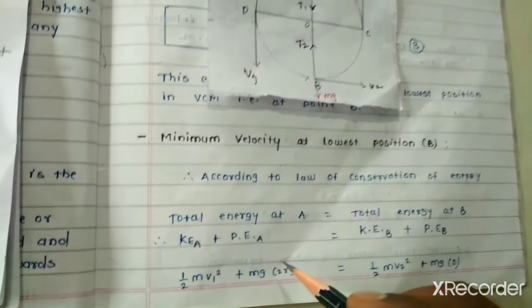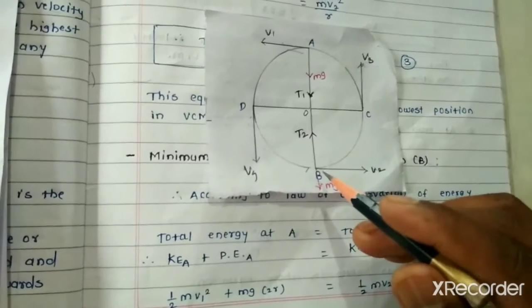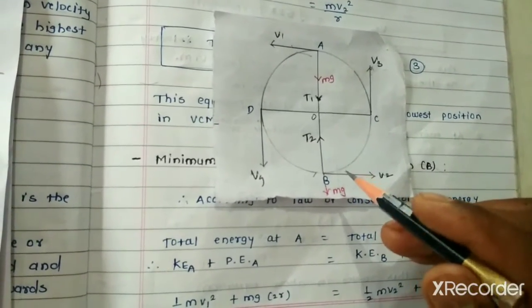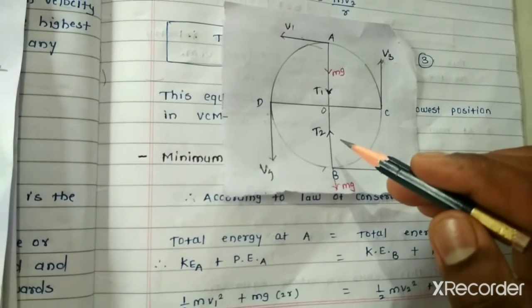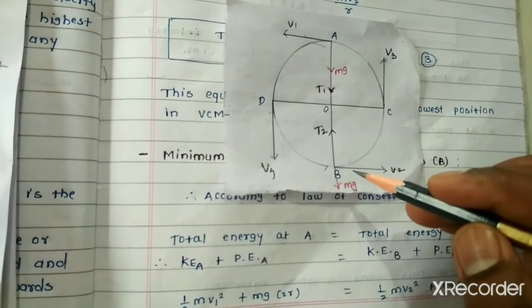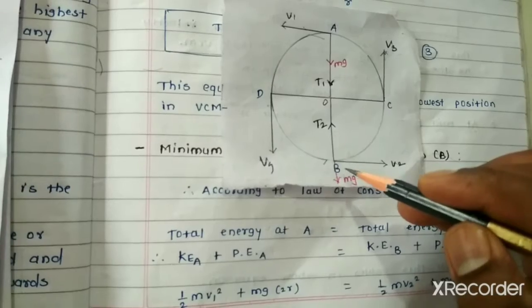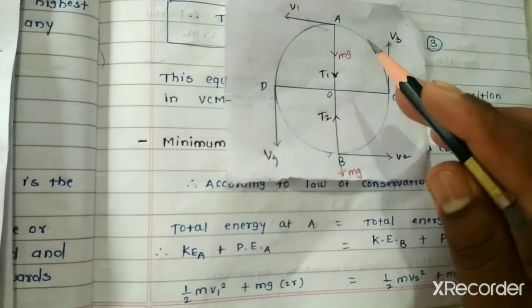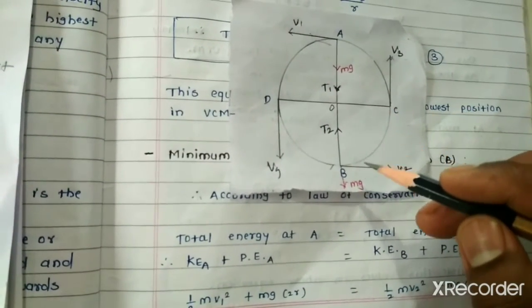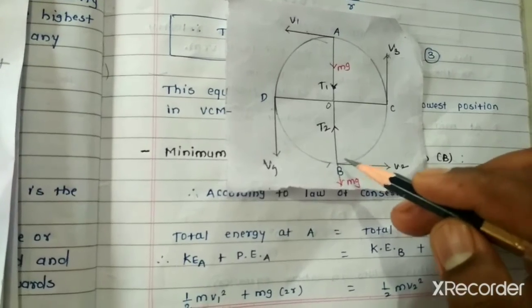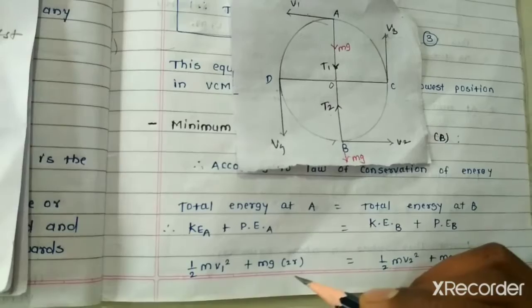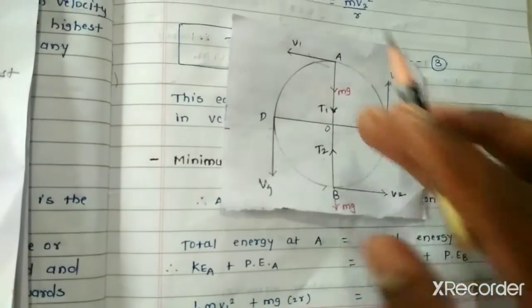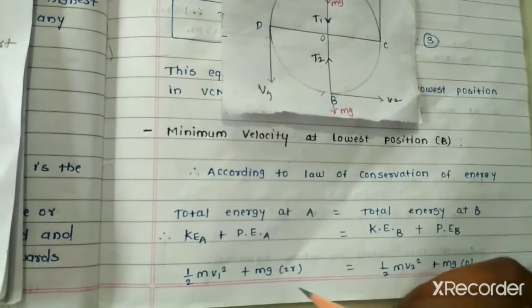But here look, B is at the ground level, and OB, this OB is the radius, so we can say that the particle is moving along the circular path, that is BCA. It means the total upward distance traveled by the particle from B to A, that is this R and this R, means 2R. Okay, once again I am going to explain why here 2R.